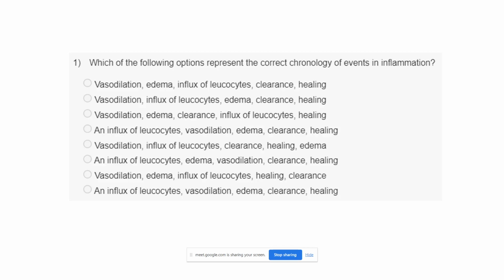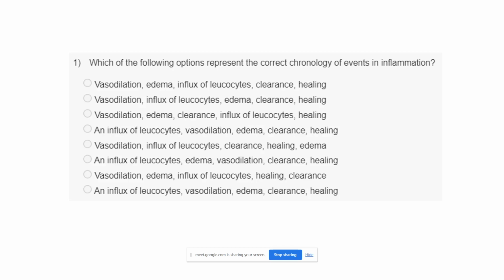This is the first question. Which of the following options represent the correct chronology of events in inflammation? Options are: vasodilation, edema, influx of leukocytes, clearance, healing. Vasodilation, influx of leukocytes, edema, clearance, healing. Vasodilation, edema, clearance, influx of leukocytes, healing.